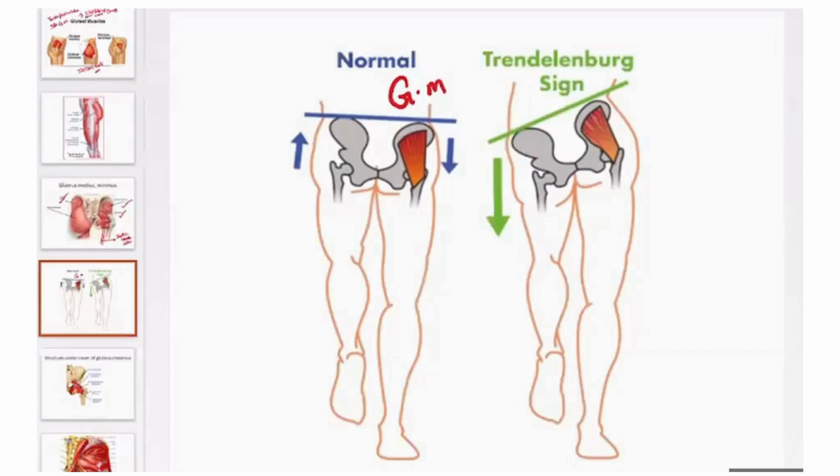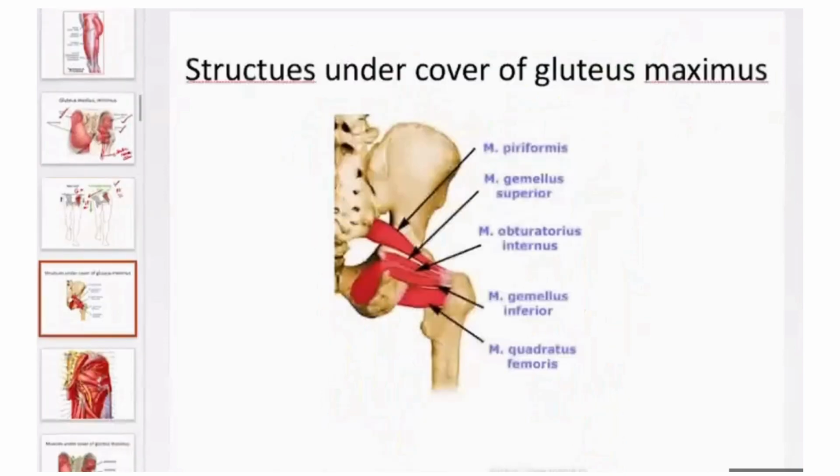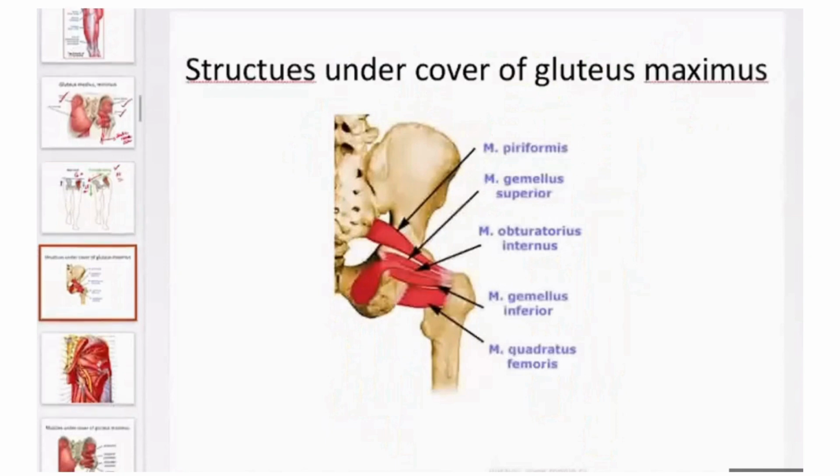Say for example, this is the right and this is the left, and the right side is paralyzed. Is it compensated or non-compensated? Non-compensated. Thereby, the hip is tilted down towards one side, and this sign we call the Trendelenburg sign. This is the undercover we finished.